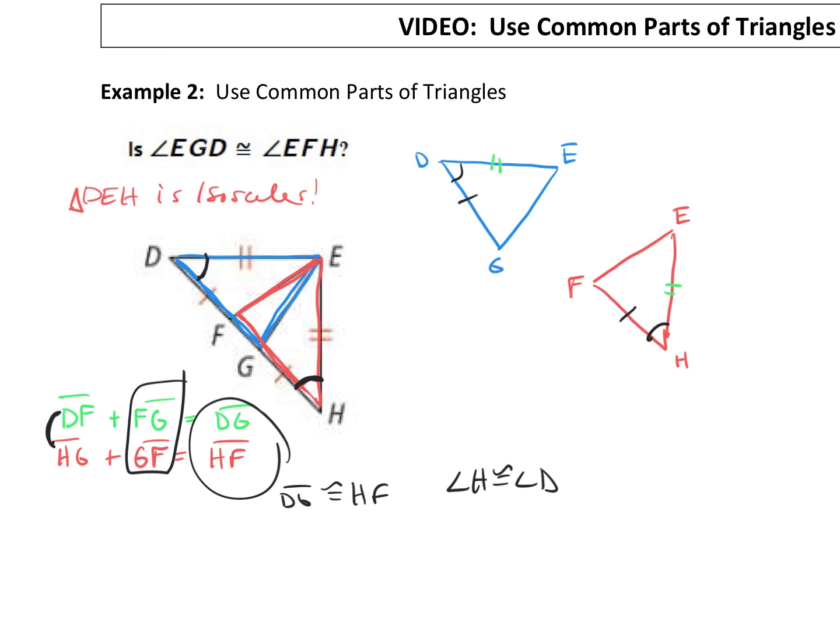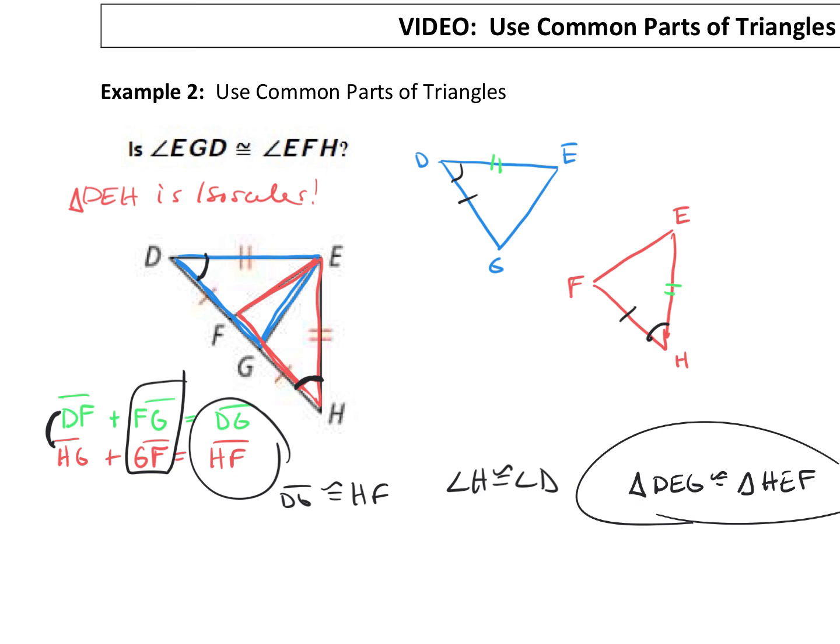Now I notice we have congruent triangles. We have two sides and the included angle, two sides and the included angle, so we can state that triangle DEG is congruent to triangle HEF. All right, well, when you have congruent triangles, that means all the corresponding parts are congruent.